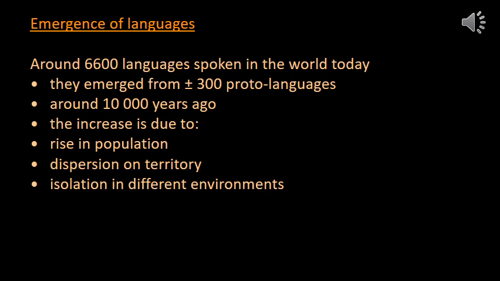These languages we speak today around the world emerged from what we call proto-languages. A proto-language is an old language, not spoken anymore, that gave birth to languages we speak today. Some proto-languages are more recent, so we still have traces of them. Think of Latin, for example.